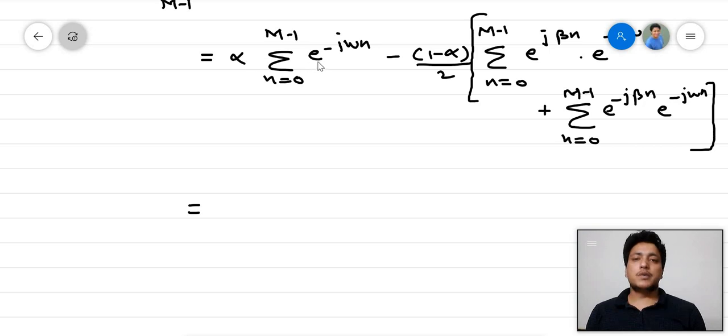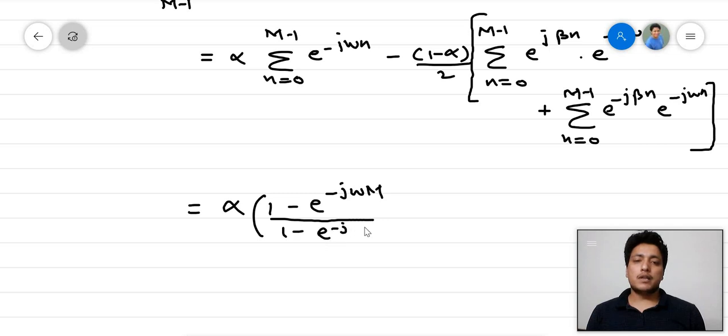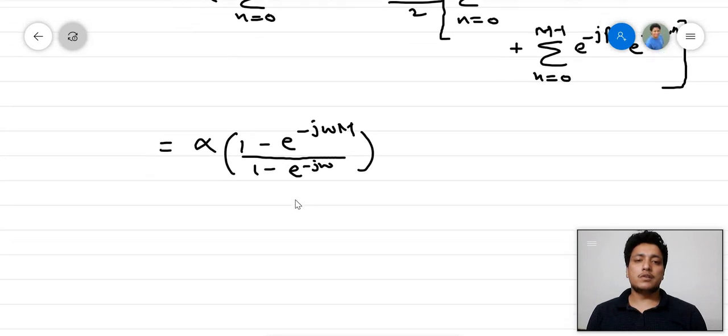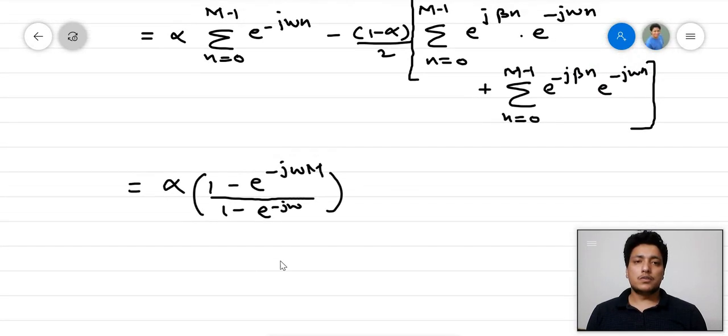We can see that this particular part, e^(-j omega n), is nothing but a geometric progression. So we can write this term as alpha times (1 minus e^(-j omega M)) over (1 minus e^(-j omega)). That is the sum of a finite geometric series.